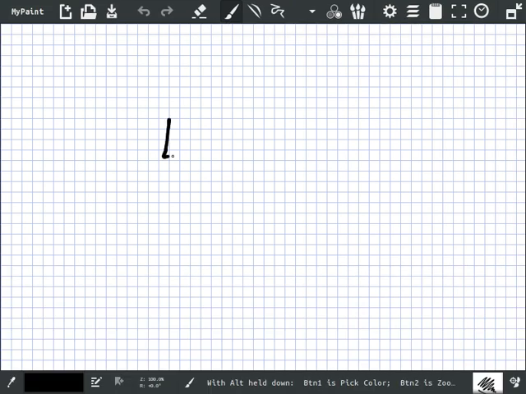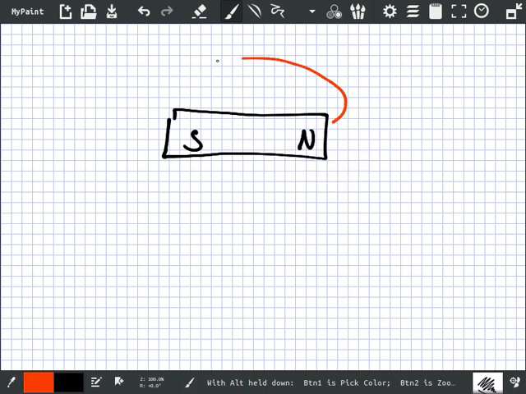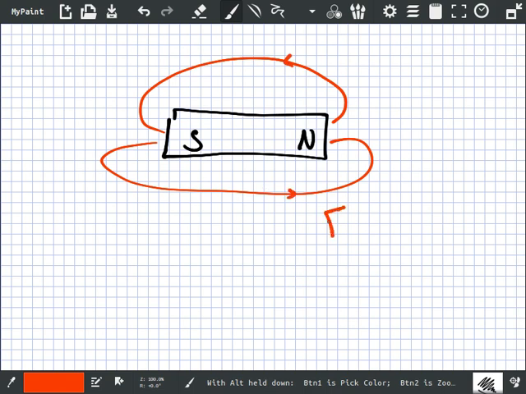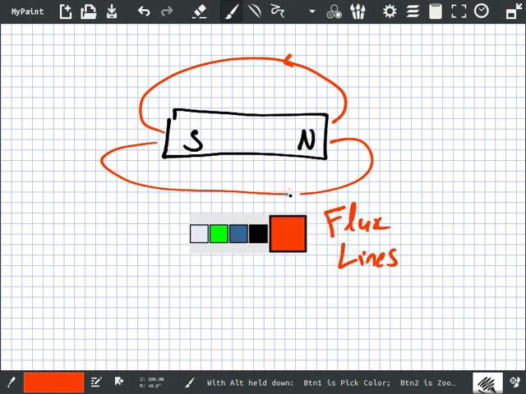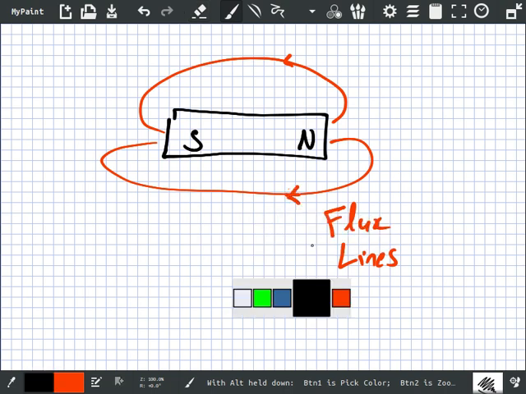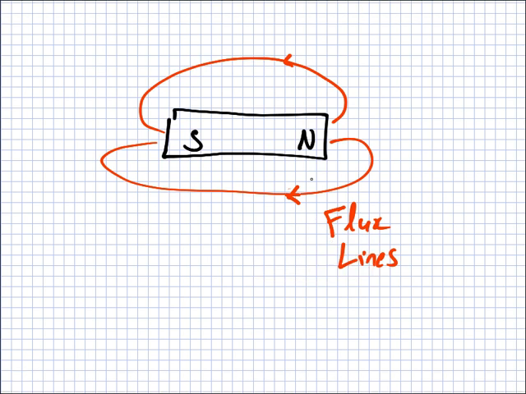So, here is your magnet. So this here, these are called the flux lines. It's opposite. Opposite. Oh, sorry. Well spotted. Thank you. These are called the flux lines.